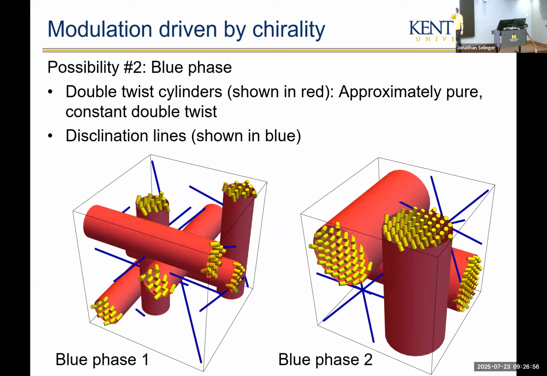That is right on the central axis of each cylinder, it's exactly double twist. As you go farther out, you blend in some of the other deformation modes. I guess not splay, but you blend in some bend and some of the delta mode. And so that's where they become less favorable.